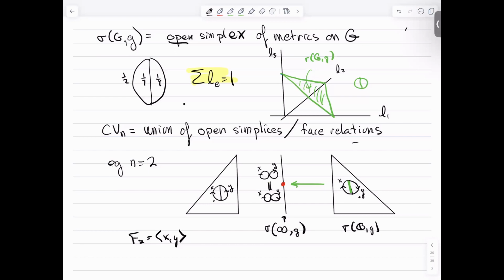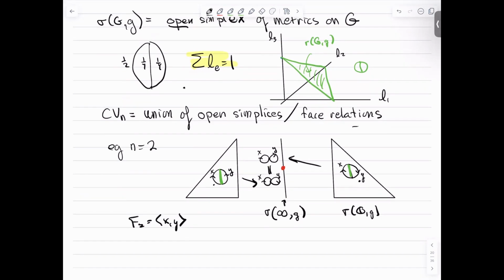Anyway, if I collapse that green edge, I get that. It kind of goes to that picture. So I collapse the green edge over here, I go to that picture, but that's the same point. So the whole thing gets glued.